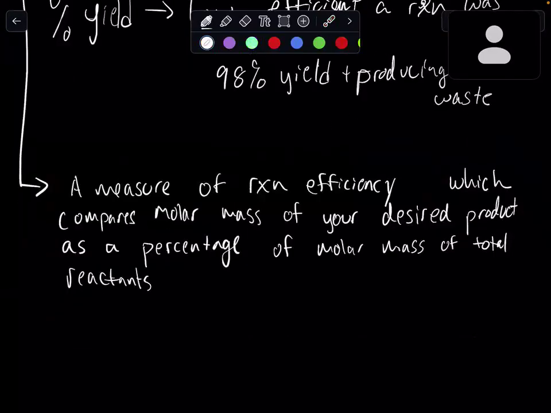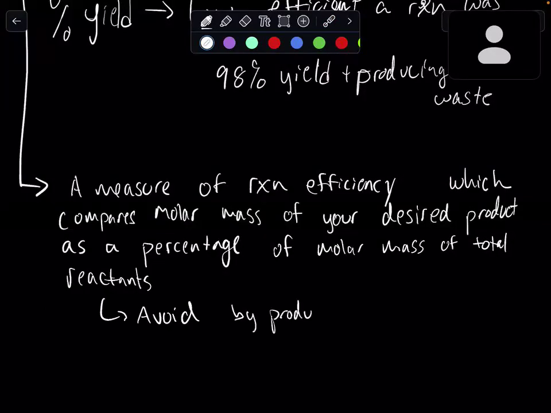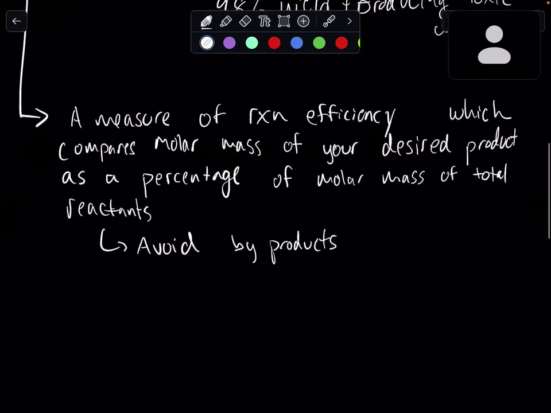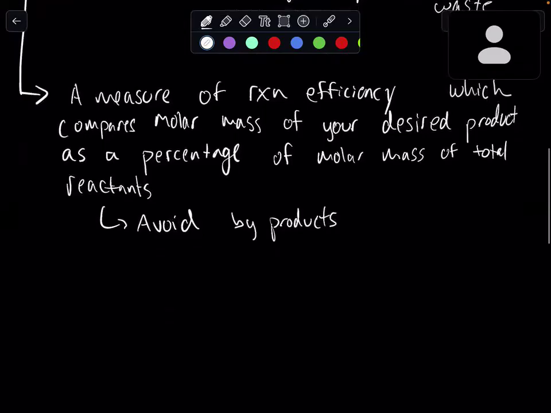What we're really trying to do is avoid byproducts with atom economy. Byproducts are just anything that was not your actual desired product. Byproducts are essentially waste. So there's a formula for this, the one that's in your data booklet, percent atom economy.